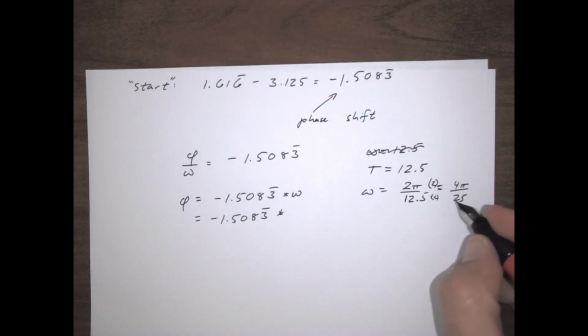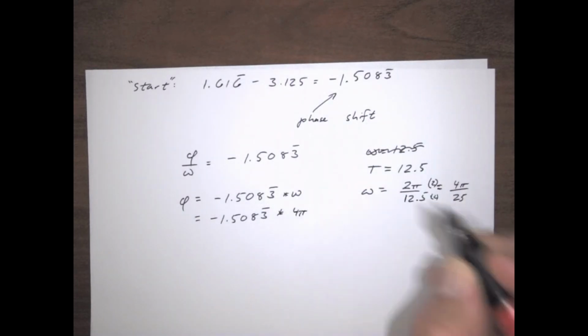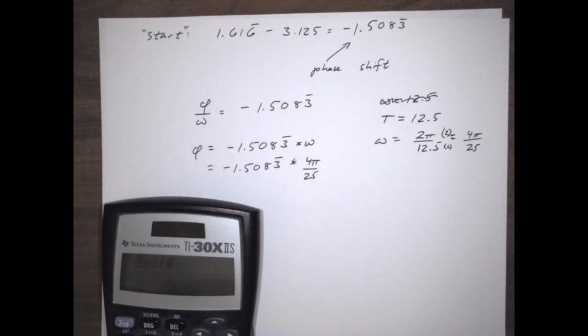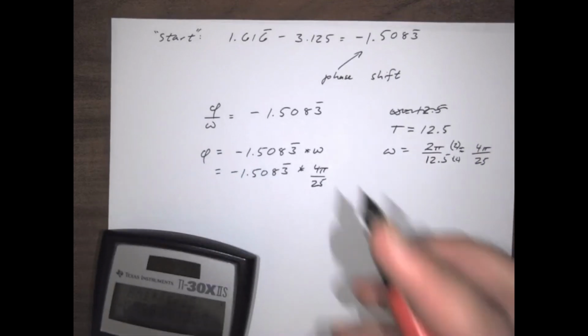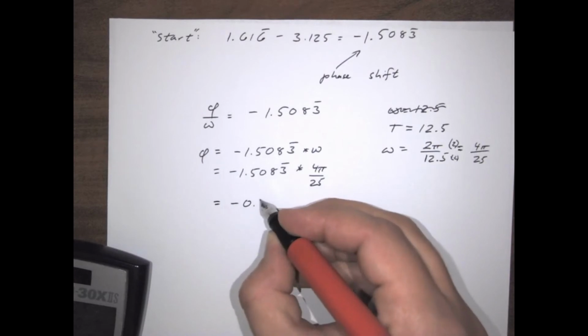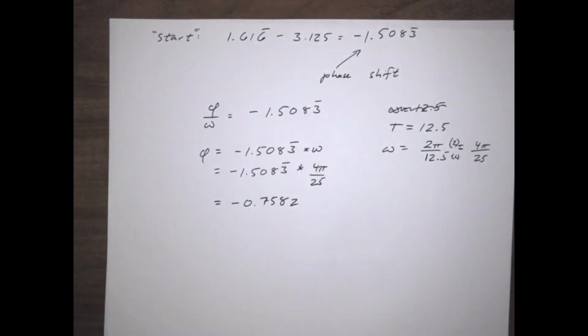Okay, so then this is times 4 pi over 25, which will then equal negative 0.7582. So I believe it wants you to round this to 4 decimal places.